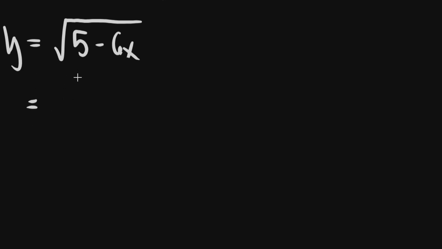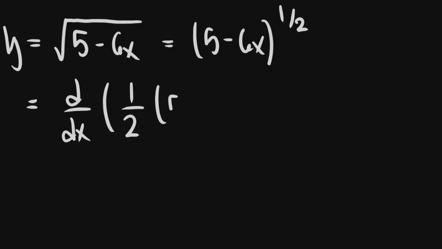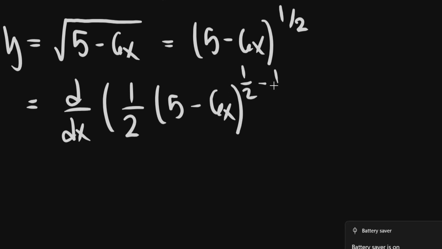So we know that the square root of 5 minus 6x equals (5 minus 6x) raised to 1/2. Therefore, we can derive it by doing this. Since the exponent is 1/2, put the 1/2 here, and then (5 minus 6x) raised to 1/2 minus 1.